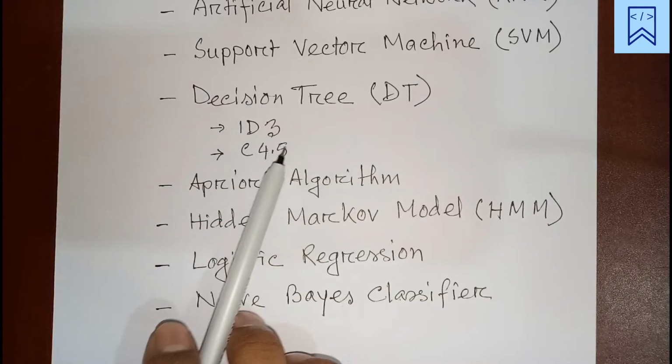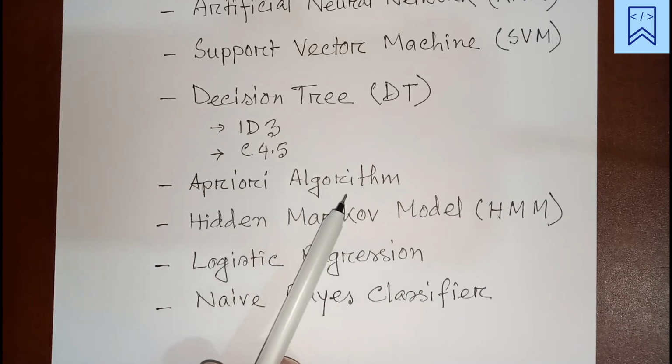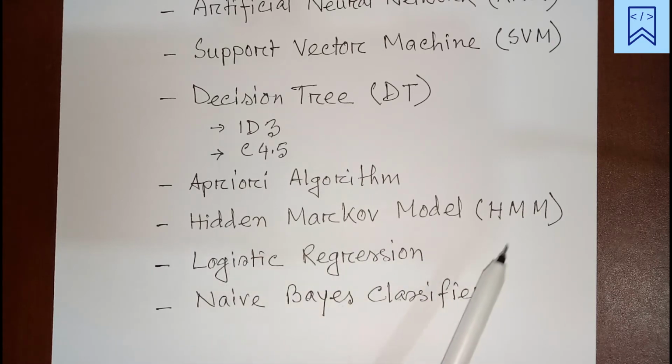For example, ID3, C4.5, Apriori Algorithm, hidden Markov model called HMM, Logistic Regression, Naive Bayes Classifier.